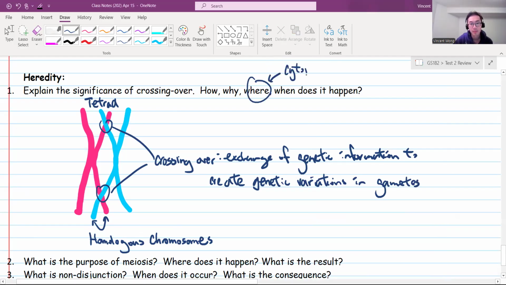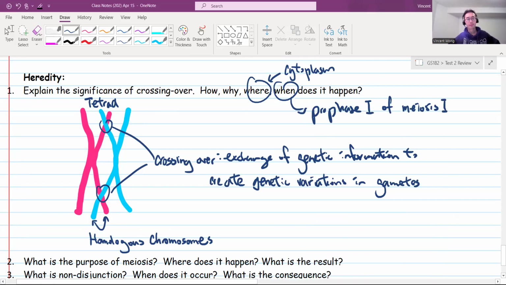In the cytoplasm. When? Prophase 1. How? By forming the tetrad. Why? To create genetic variation. Afterwards, you're going to have a bit of the red on the blue and a bit of the blue on the red. You can draw that if you want, but I'm sure you remember it from class, right?